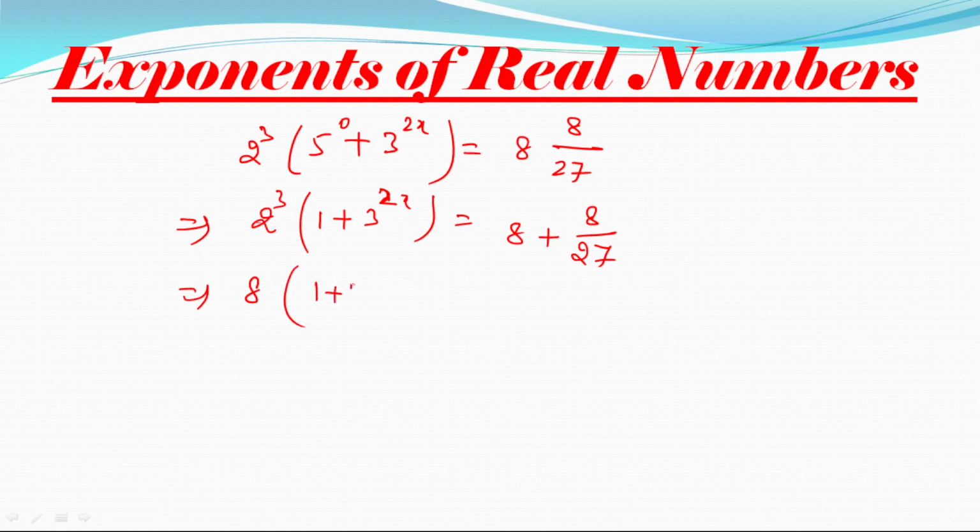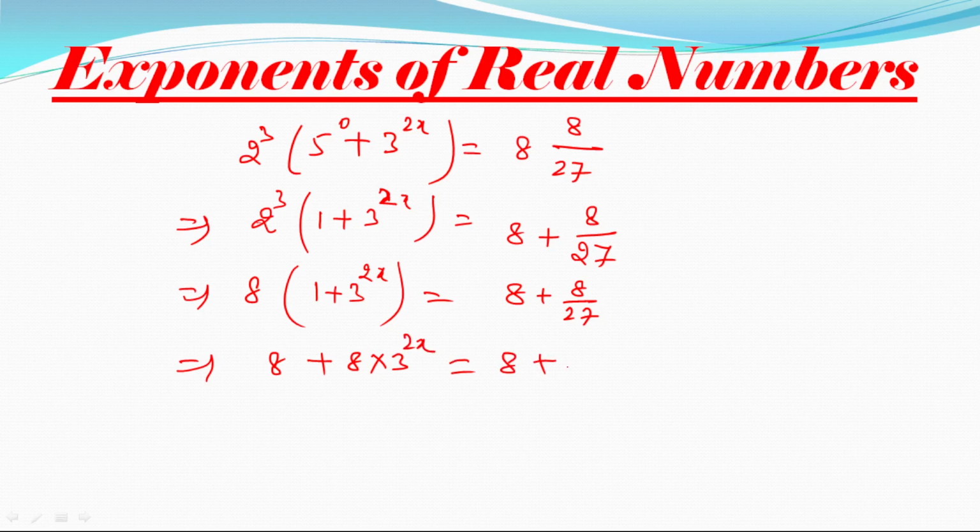1 plus 3 to the power 2x is equal to 8 plus 8 by 27, and when we are multiplying, here it is becoming 8 into 3 to the power 2x is equal to 8 plus 8 by 27. So this 8 will get cancelled.